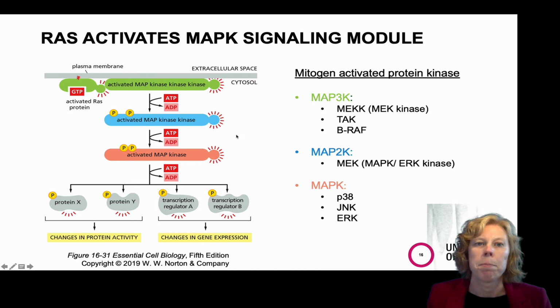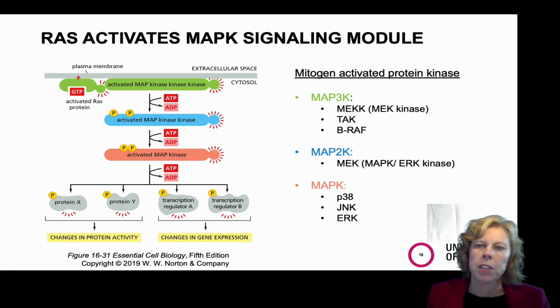Examples of this are MOS, TAK, and BRAF. MAP3Ks activate MAP2K, for example MEK, or MAP kinase ERK kinase. This activates MAP kinases such as p38, JNK, and ERK.